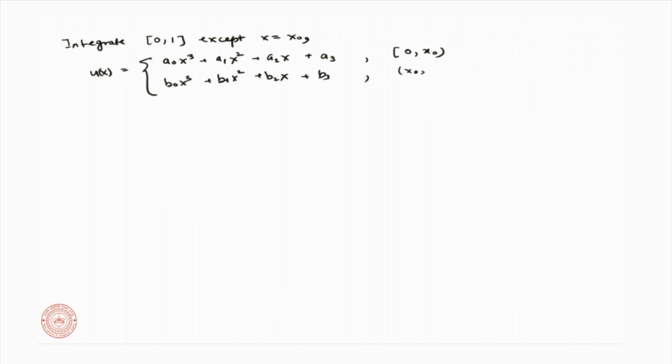This is between x naught and 1. We have 4 boundary conditions and 8 variables. So, let us first satisfy 4 constants out of these, 2 constants from the first equation and 2 constants from the second equation, applying our boundary conditions.